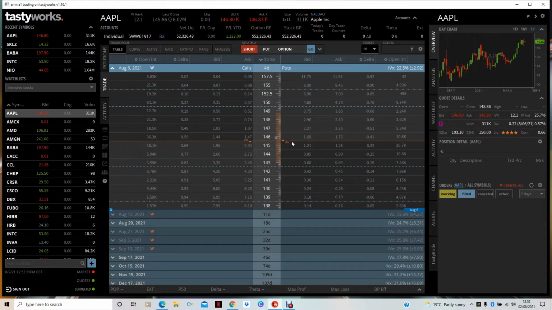I don't want to buy Apple at $145. So I can go down here to $140 and I'm being offered 24 cents, or let's just say 24 pence per share in premium to open this trade.